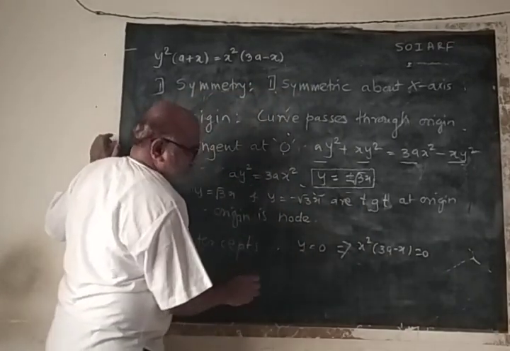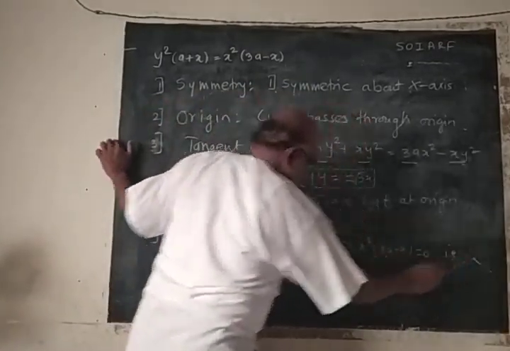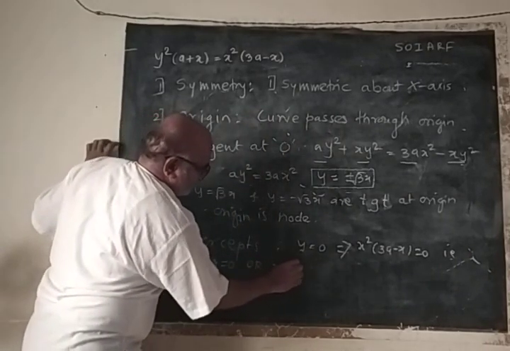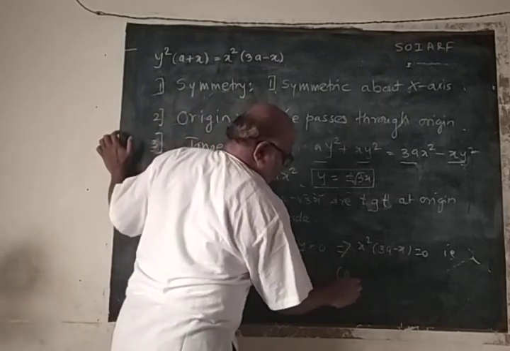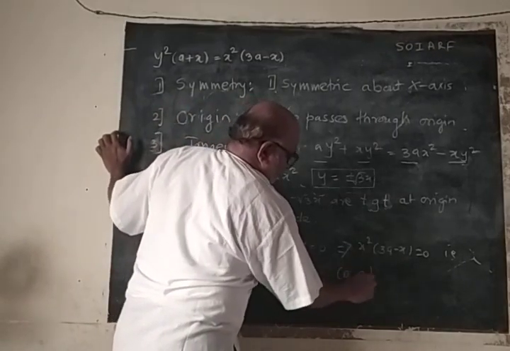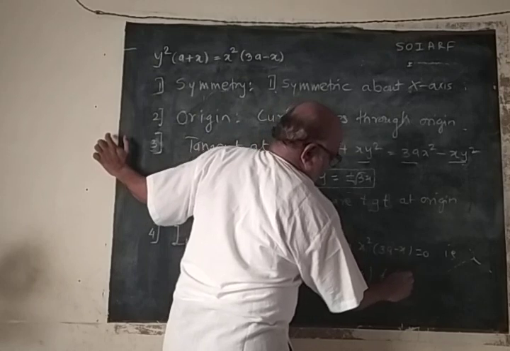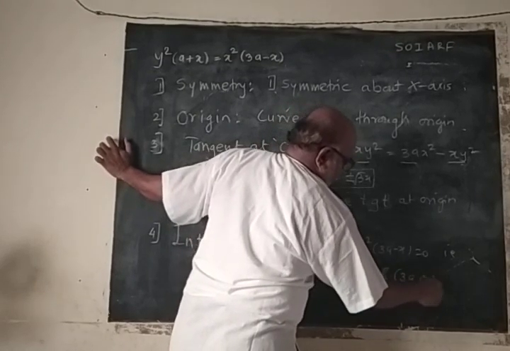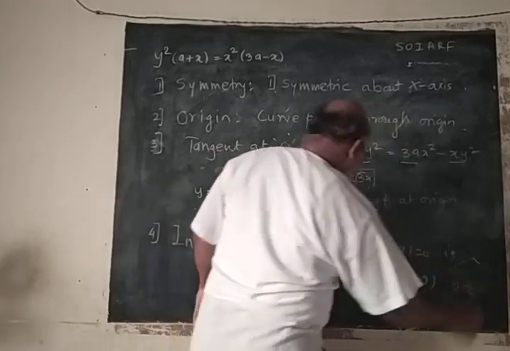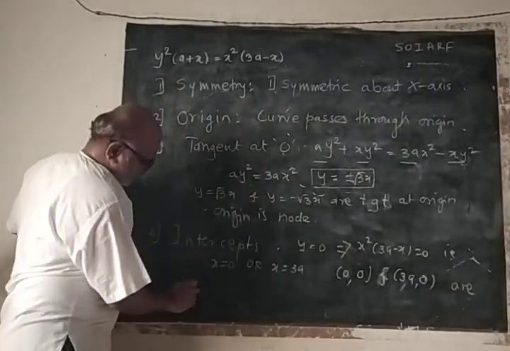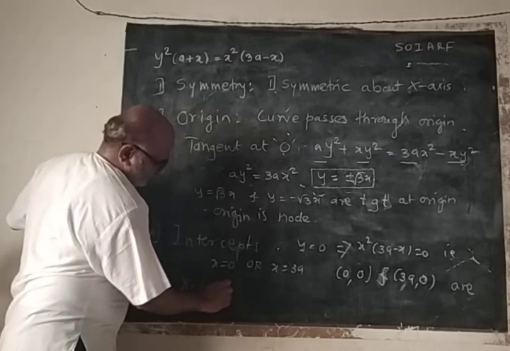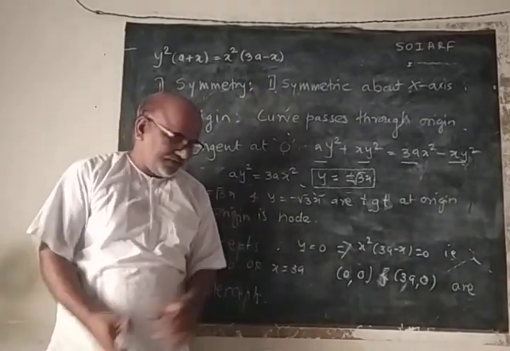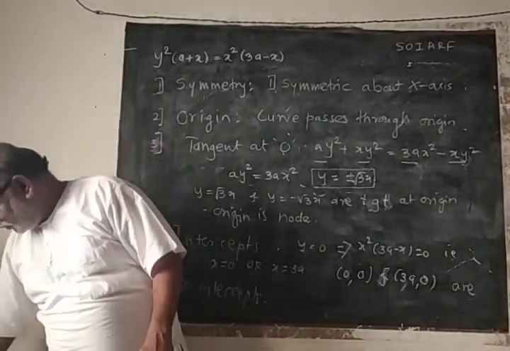That is x equal to 0 or x equal to 3a. That is, the points 0, 0 and 3a, 0 are the x-intercepts.